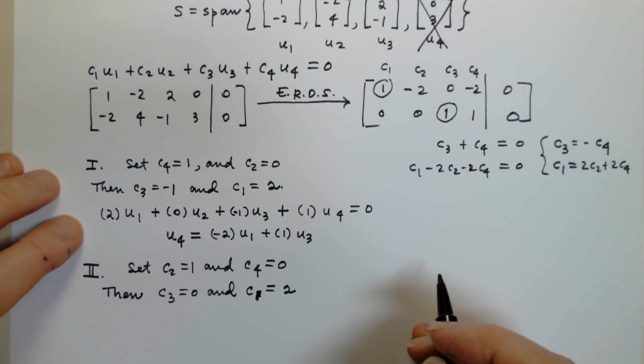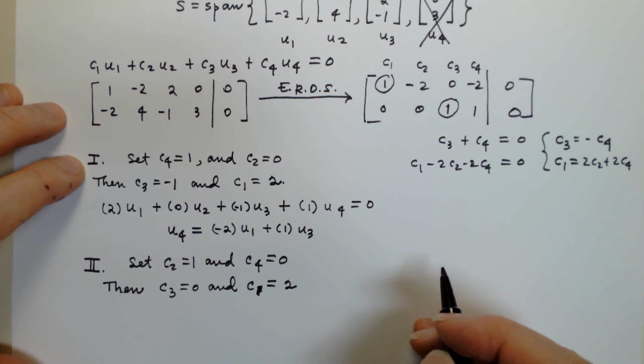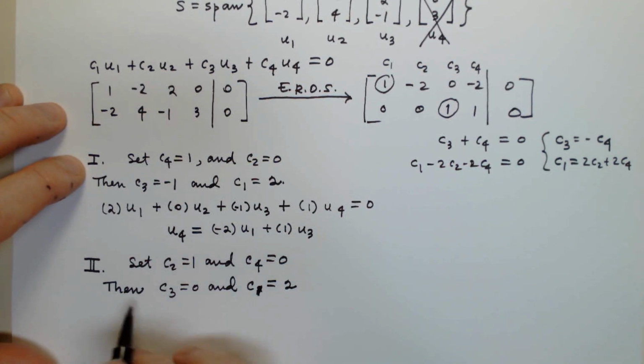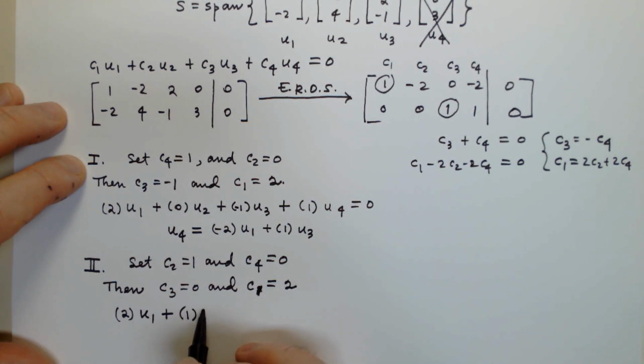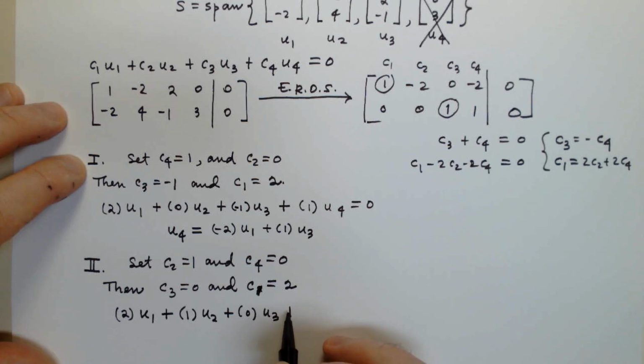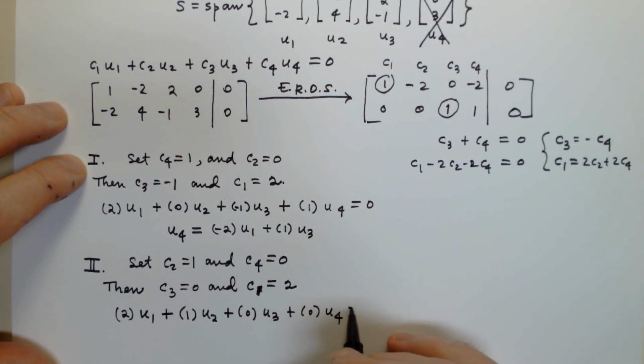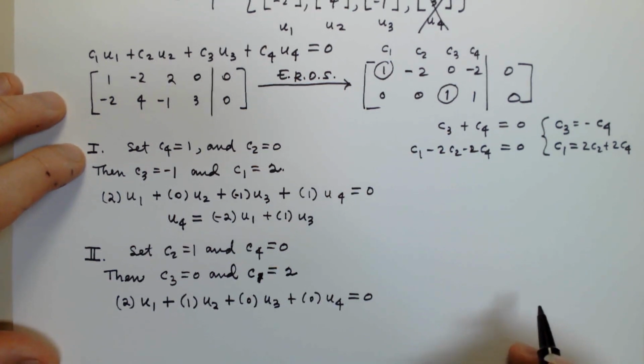So what comes out of this is that 2 times U1 plus 1 times U2 plus 0 times U3 plus 0 times U4 must be the 0 vector.